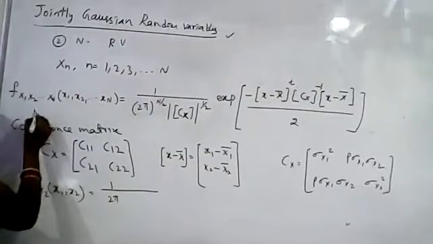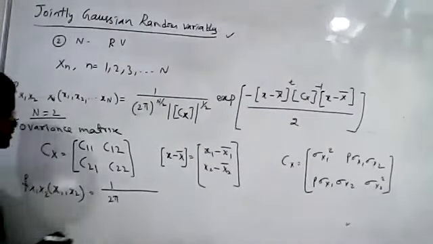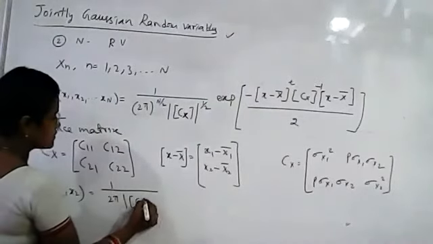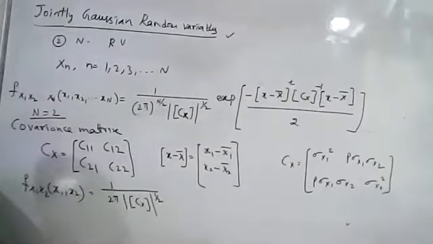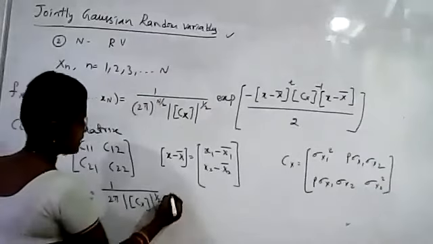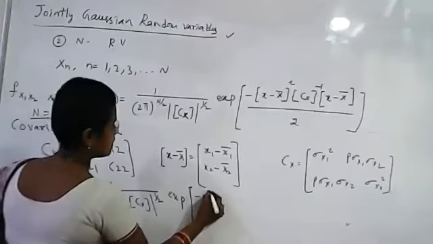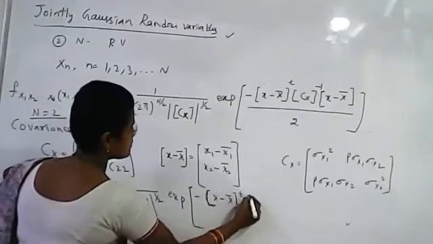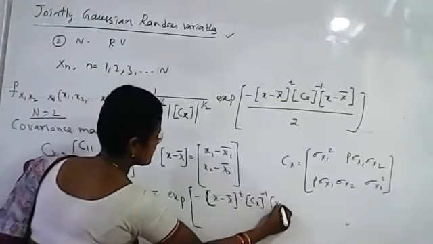In this case we have only two, so it is 2 pi, determinant of Cx whole power 1 by 2, exp of minus half x minus x bar transpose Cx inverse x minus x bar.